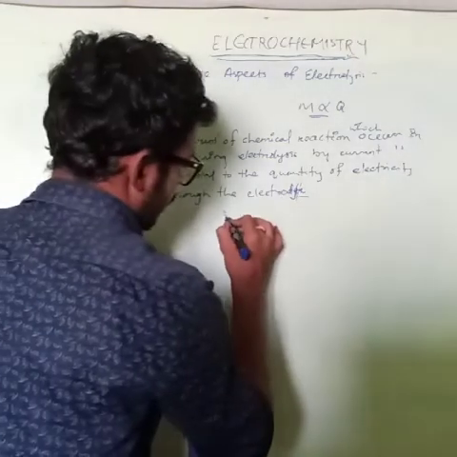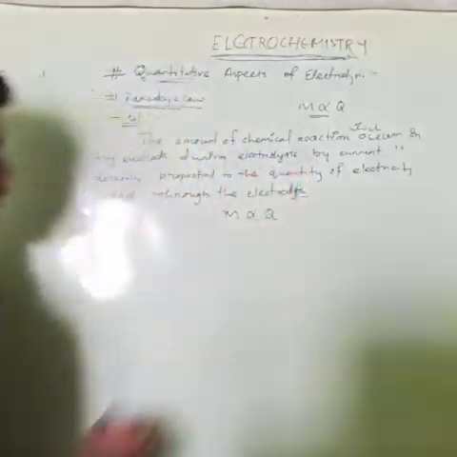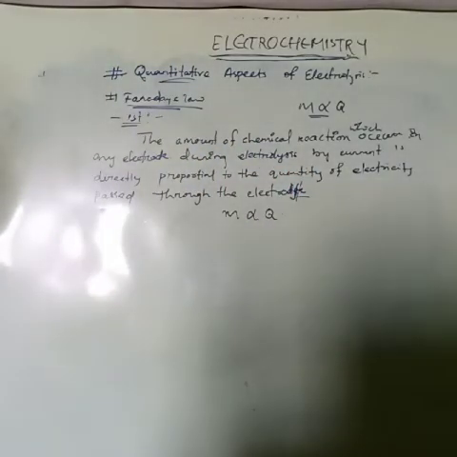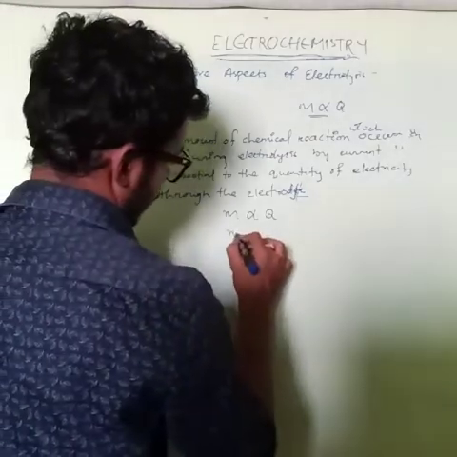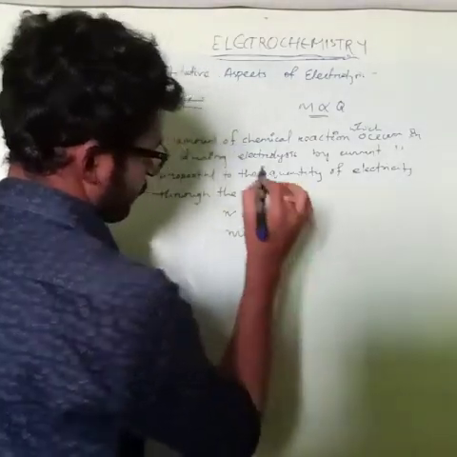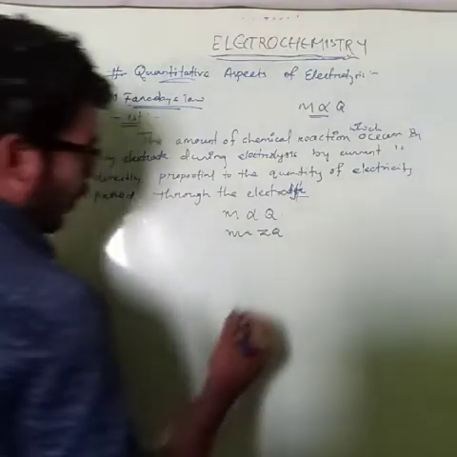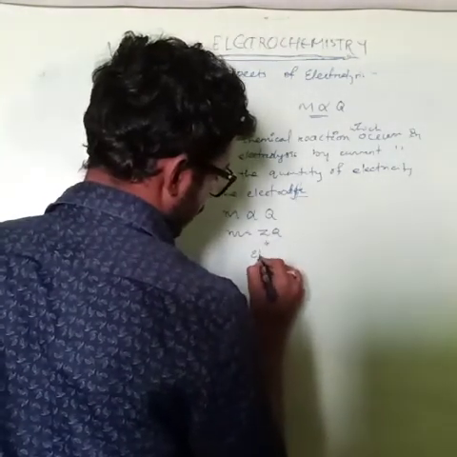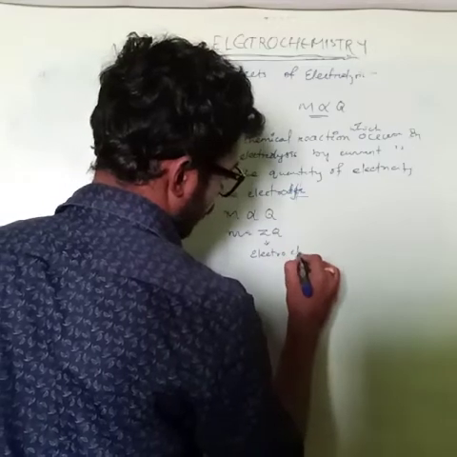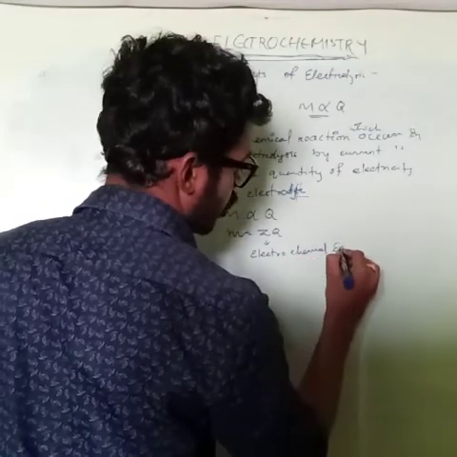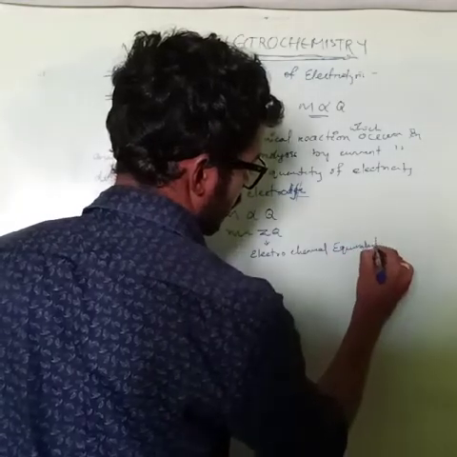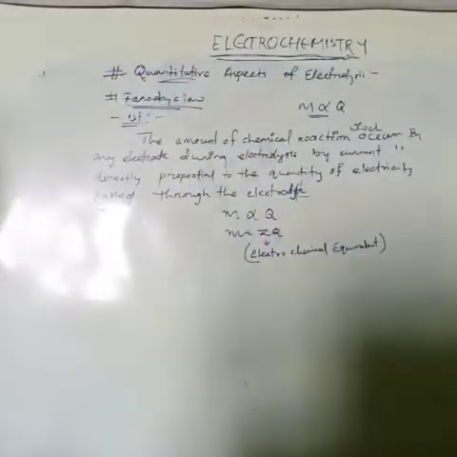So we can write M is directly proportional to Q. The mass or the amount is directly proportional to the charge or electricity passed, or M equals ZQ. What is Z? Z is nothing but your proportionality constant, also known as the electrochemical equivalent.